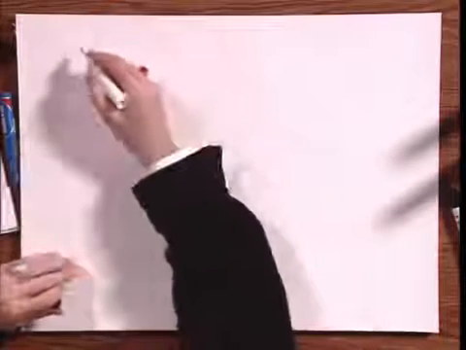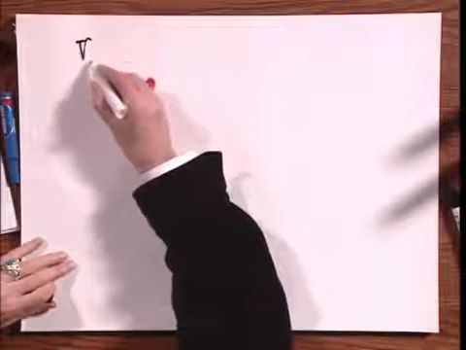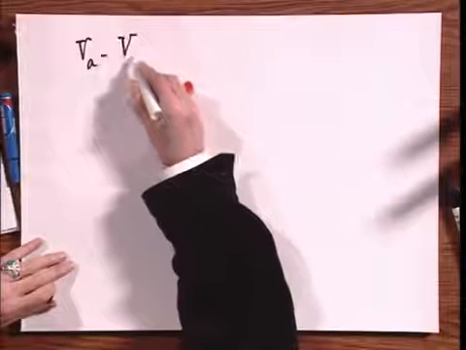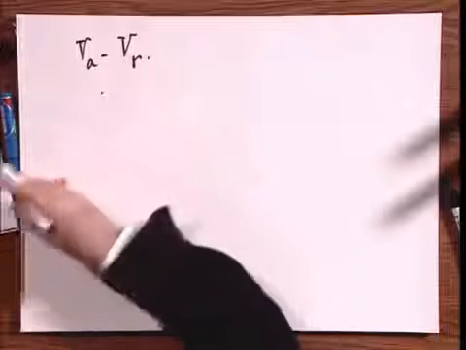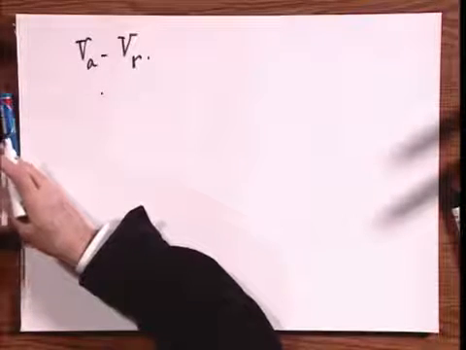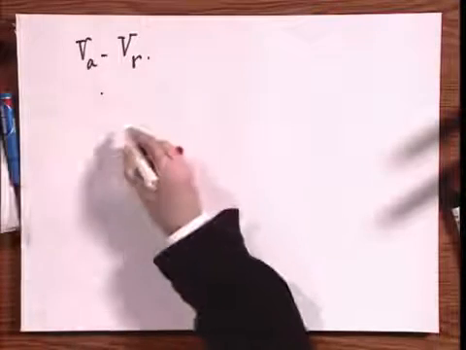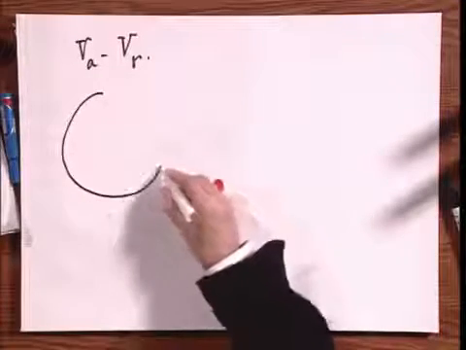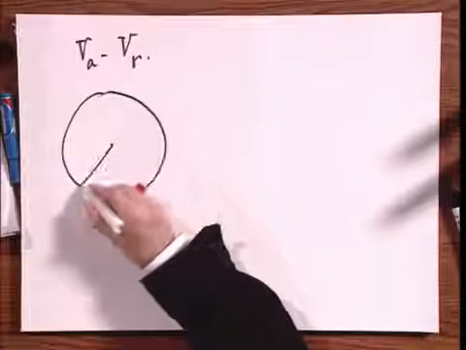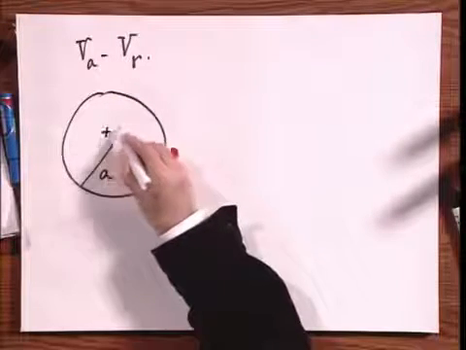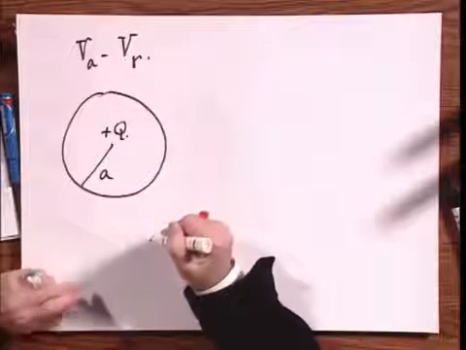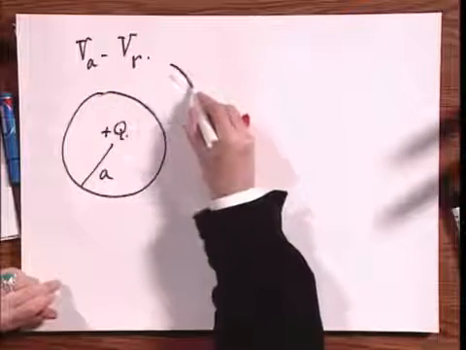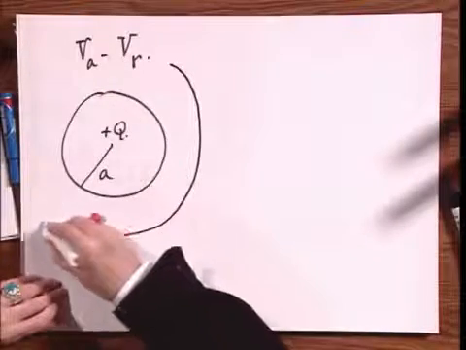Let's now go back to our problem, and we want to know what VA minus VR is. Let me make sure that you have the geometry right. We have here the radius A, and we have here plus Q, and we want to know what VA minus VR is, and we want to know that everywhere in space.